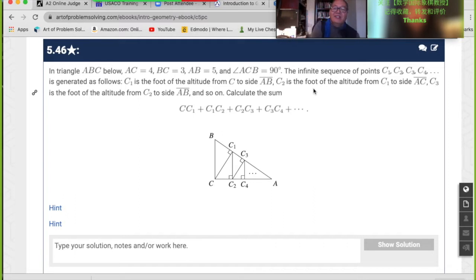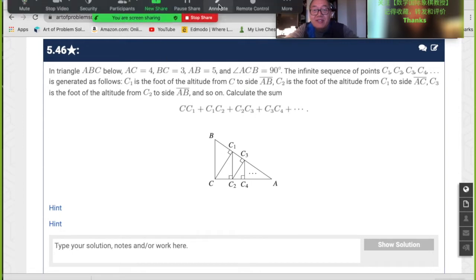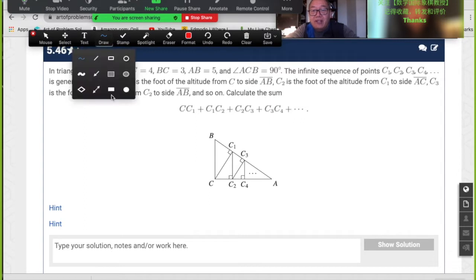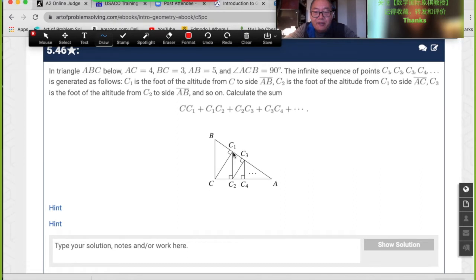Okay. So then they ask you to find the sum of these segments. Now let's do it. First, can you find CC1? They tell you AC equals 4, BC equals 3, and AB equals 5.